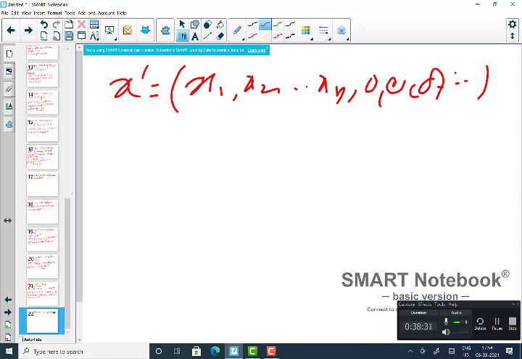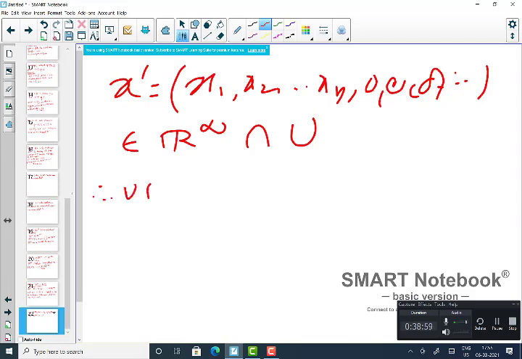Now this is obviously a point inside R infinity, because R infinity is the union of all those whose coordinates are non-zero up to finitely many places, right? After that everything is 0, so this is in R infinity, and this is also inside U. Okay, so this is inside R infinity intersection U also, because x is an element of U and 0 is an element of R, right?